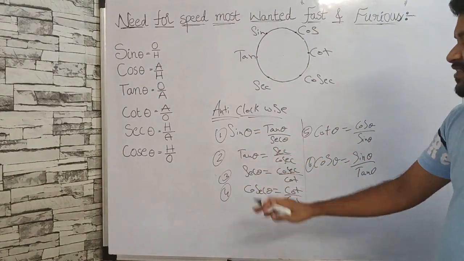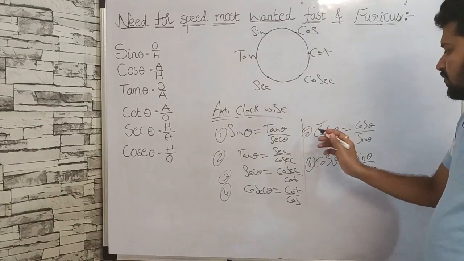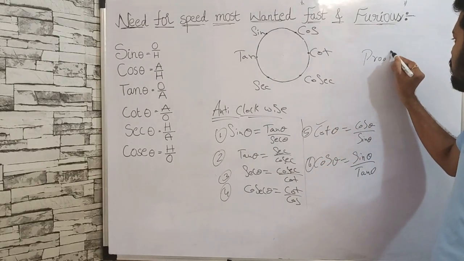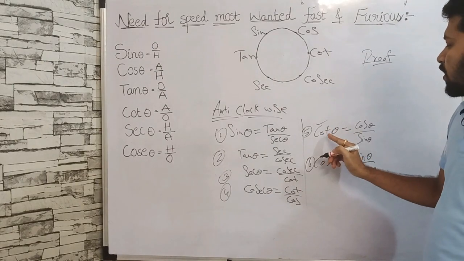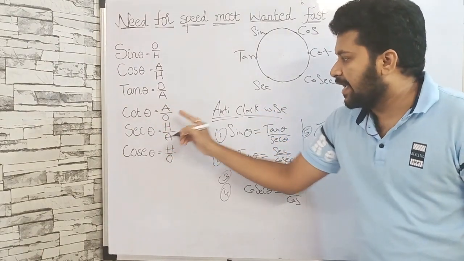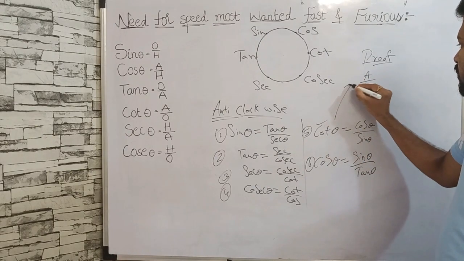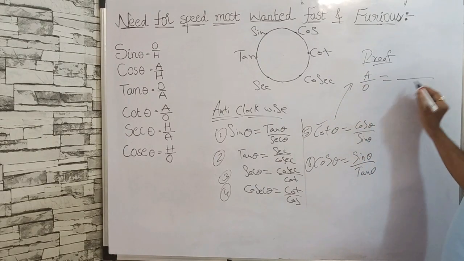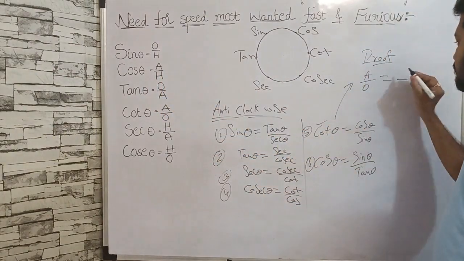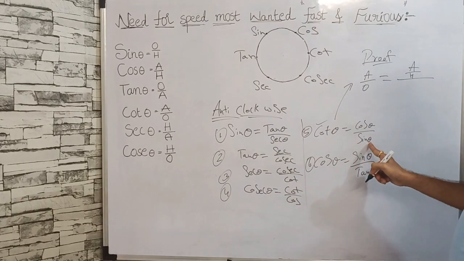Randomly, I will select any one of these. Let us select cot theta, and we should do the proof. What is the cot theta value? Cot theta is equal to A by O, the LHS. In the numerator we have cos theta. What is the cos theta value? A by H. In the denominator we have sin theta.